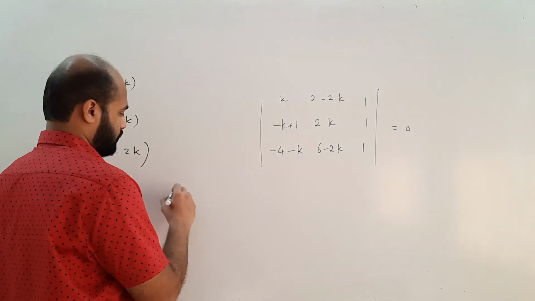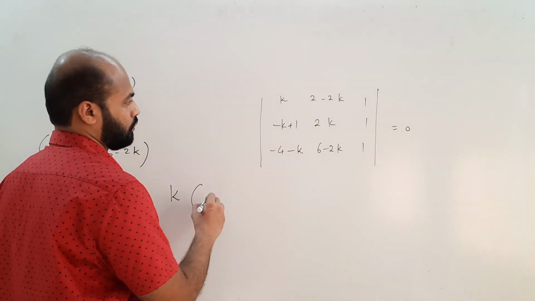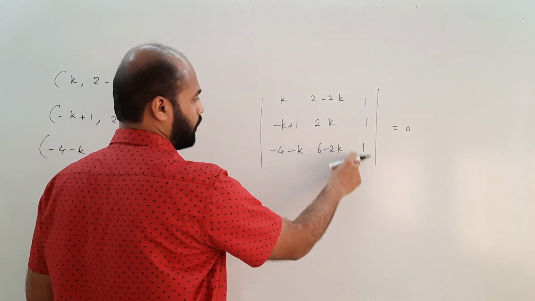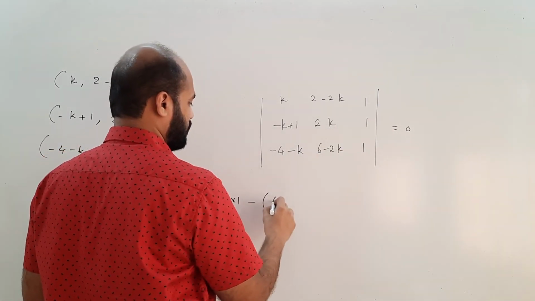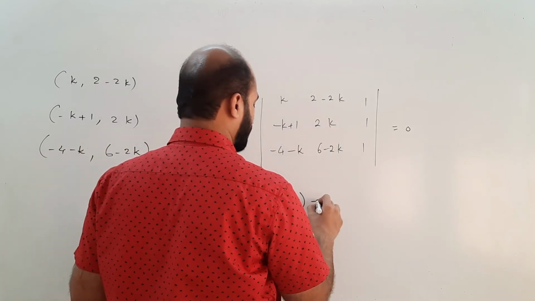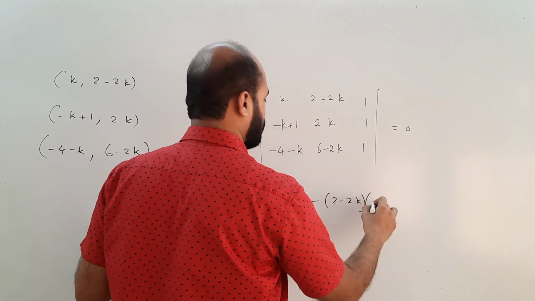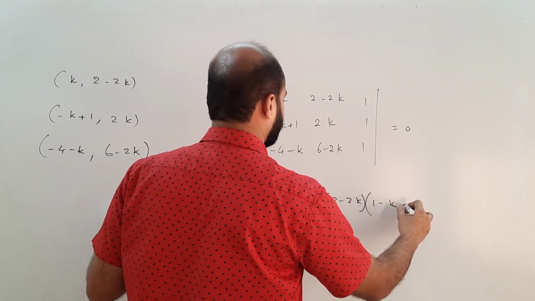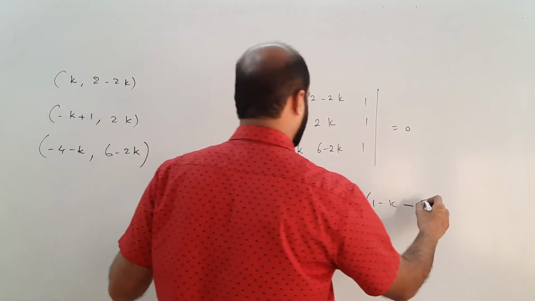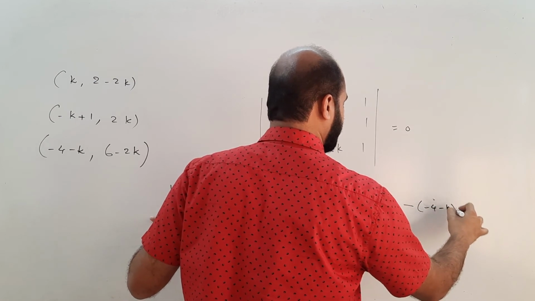Now let's find the value of this determinant. It's going to be k into 2k into 1 minus 6 minus 2k. Then minus of 2 minus 2k into 1 minus k minus of minus 4 minus k.